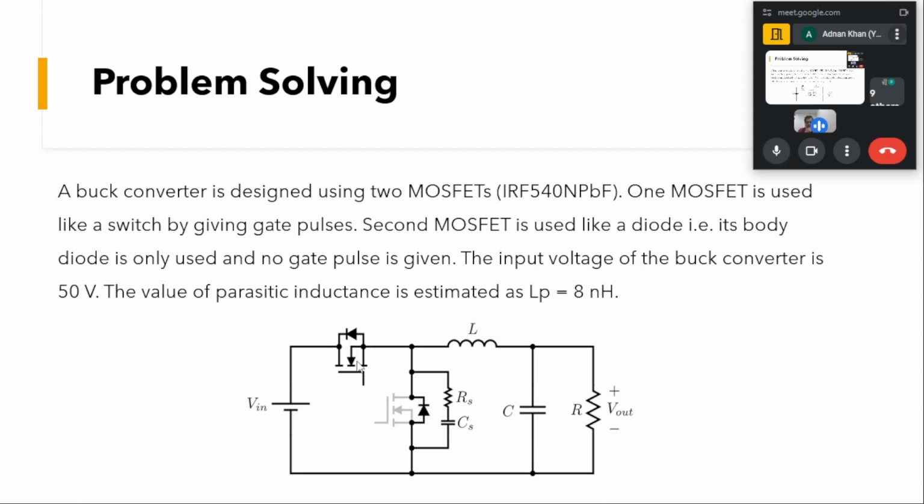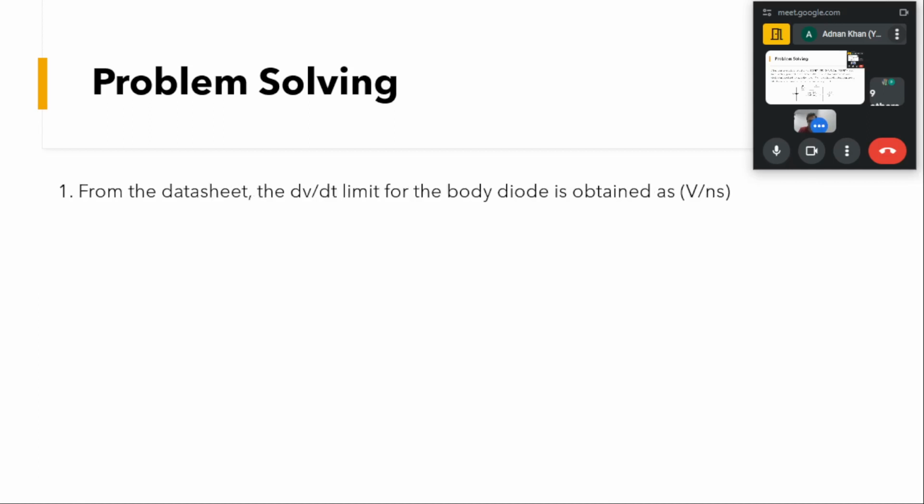It is told that switching pulses are given to one device, and the other device is in the off state. We assume the switching is given to the high side switch, the main switch, and the other device is always in the off mode, and only the diode of this device conducts. Now we have to design the RC snubber across this device, and we shall see the subsequent questions that are being asked.